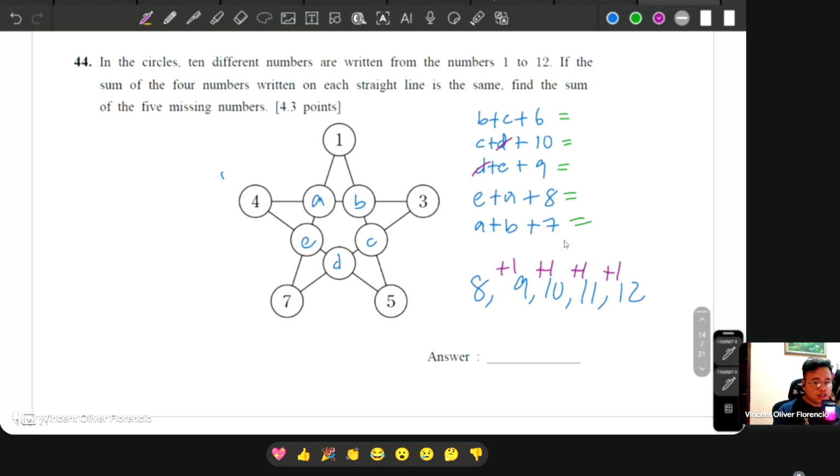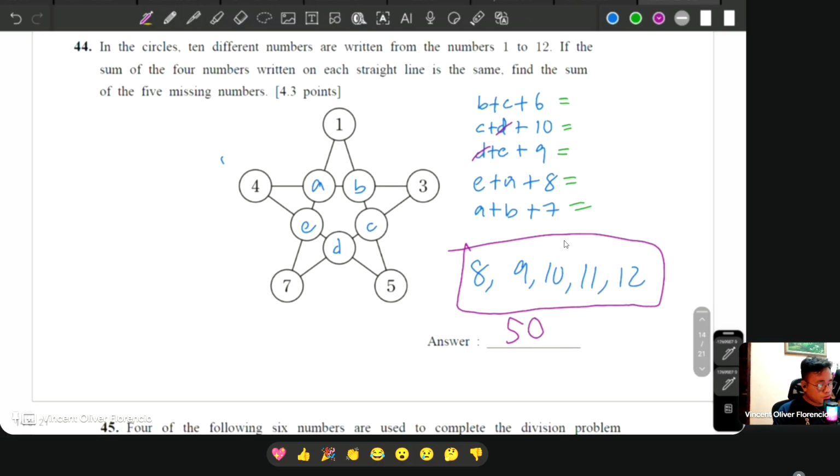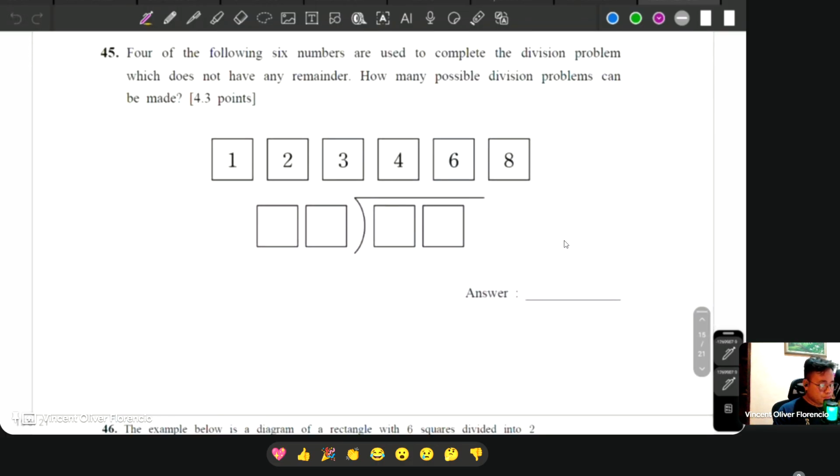Right? That's the one we can analyze there. And then, that was the question. Actually, it's not asking for the value of A, B, C, D, E, right? It's just asking for the sum. So these are your 5 numbers. Just add them. And that's going to be 50. Okay? Next. 45.